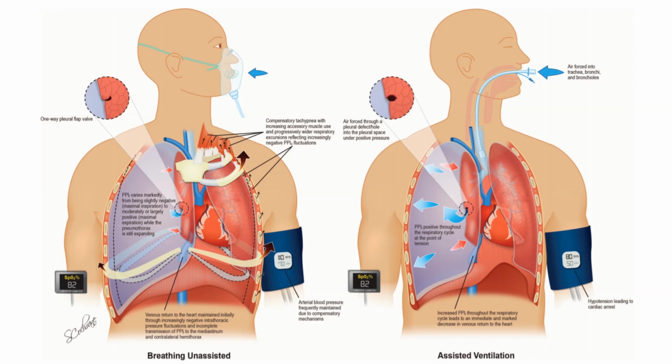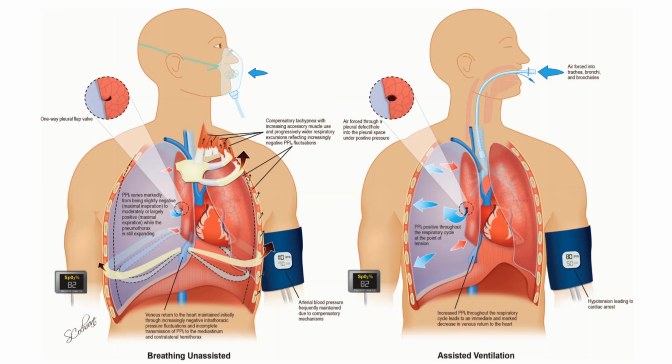In the unassisted patient, the main difference is that they will have a low SpO2, but their cardiac output and their blood pressure will be maintained. So they will present with hypoxia without hypotension, at least originally, and this is because the patient is able to compensate on the contralateral side of the pneumothorax.